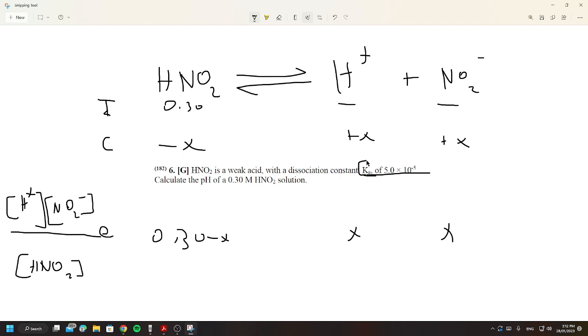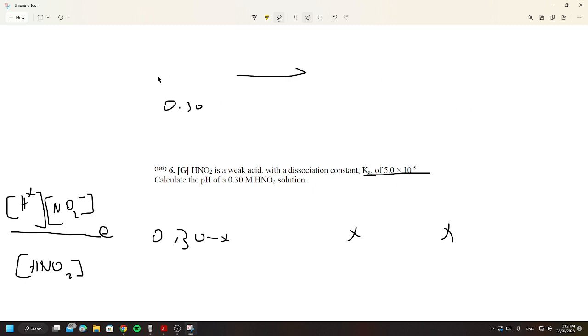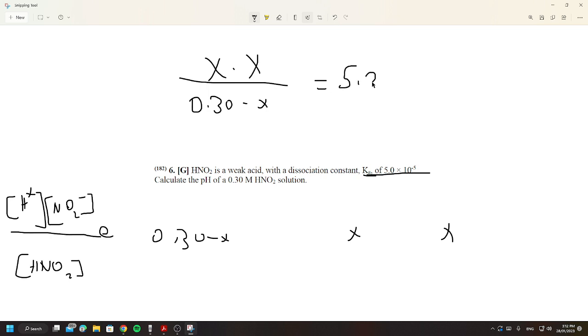This here is a very small number. Wait, I'm just going to read the ICE table. So the result here is a very small number.